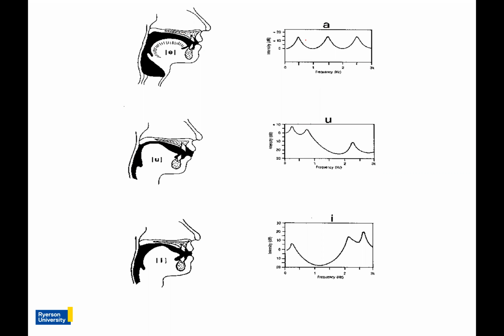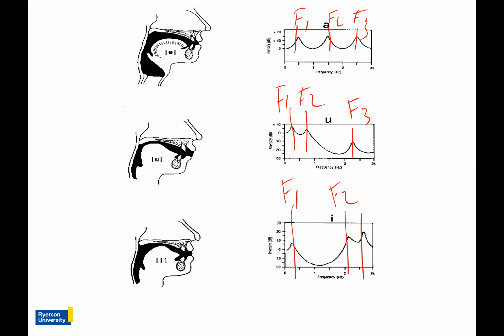In the case of A, we have three dominant formants, F1, F2, F3, all here. In the case of U, there are again three formants, but F1, F2, and F3 are here. If you take I, F1 is here, F2 is here, F3 is here.